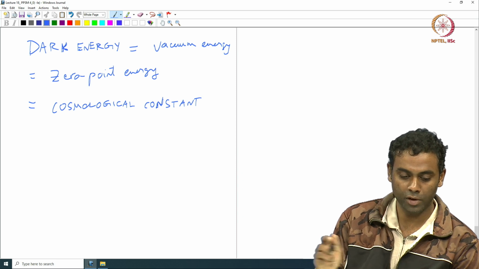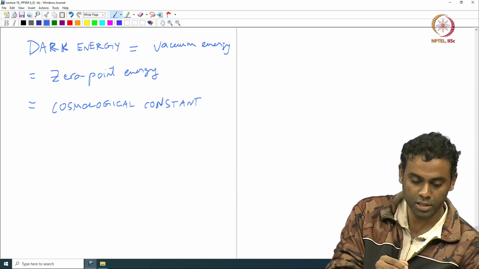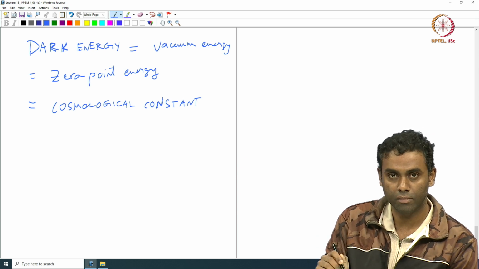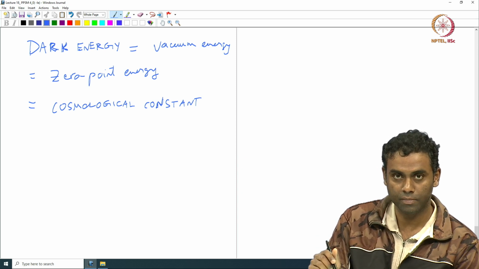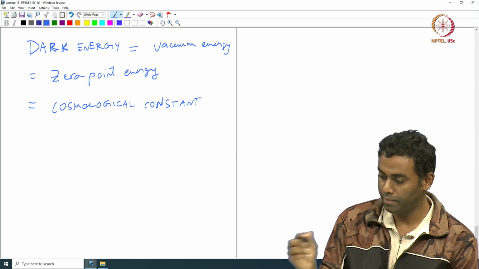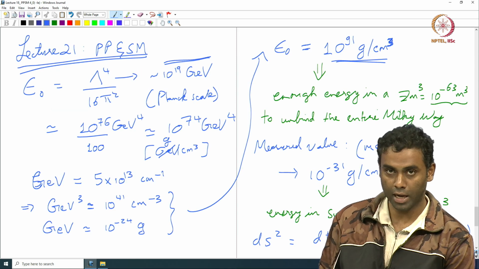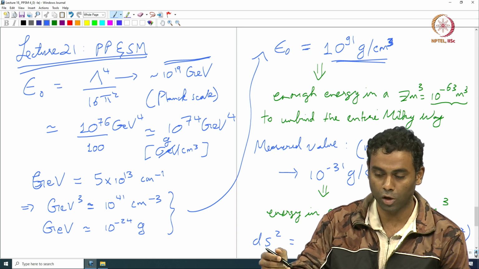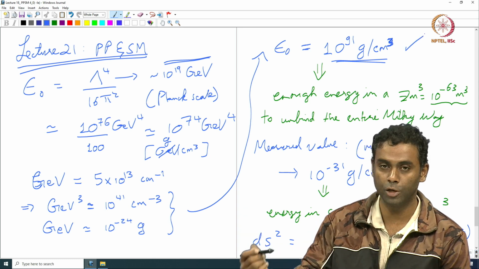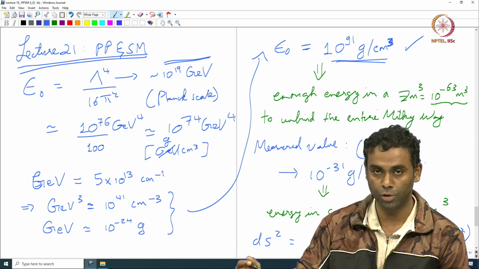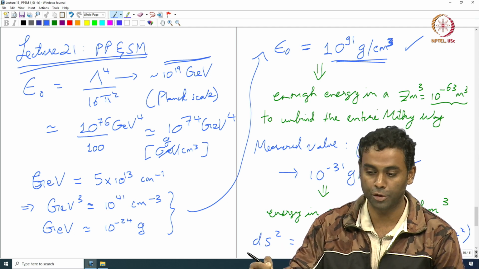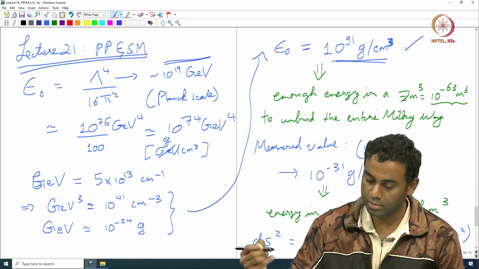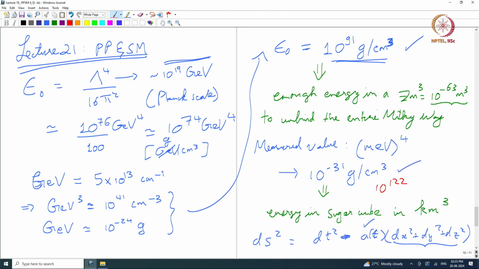So as far as particle physicists are concerned, the content of dark energy is not such a mystery. What is a mystery is the fact that we naively, using UV cutoffs, expect a value like this, but then we get a value that is, how many orders of magnitude is this? This is 122 orders of magnitude smaller, correct? 91 plus 31.